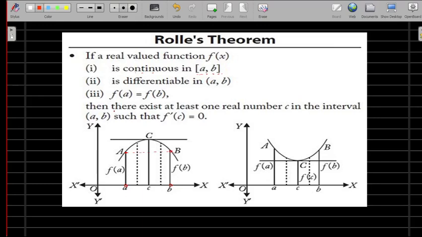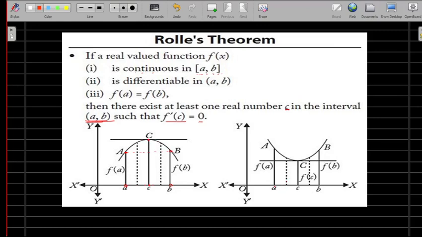Then if f of a equals f of b, there exists at least one real number c in the open interval (a, b) such that f dash c equals 0.